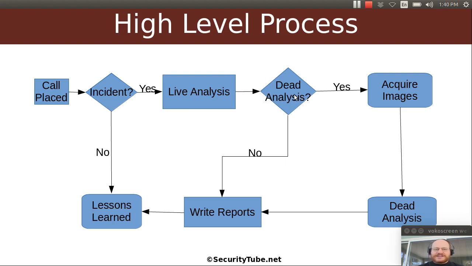In this case, the subject system is not so critical that we want to risk leaving it up in order to determine what happened and possibly losing some evidence along the way. So we're ready to shut it down, and then we'll look at acquiring images as our next step.